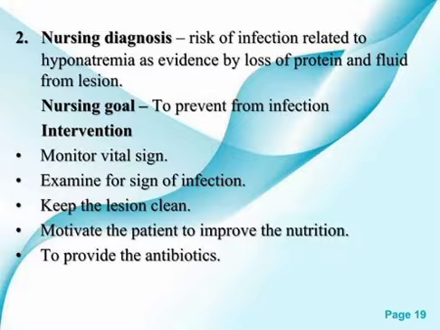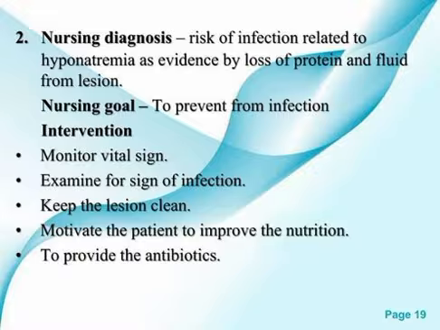Next will be the nursing diagnosis. First, we have the risk of infection related to hypernatremia as evidenced by loss of protein and fluid from lesions. So, in this condition, the nursing goal is to prevent the patients from infections. While preventing infections, there are some interventions. First, we have to monitor the vital signs.